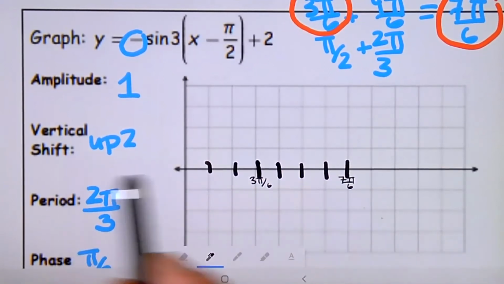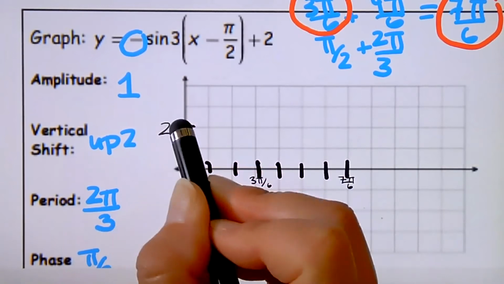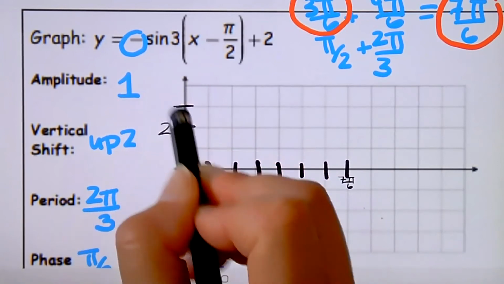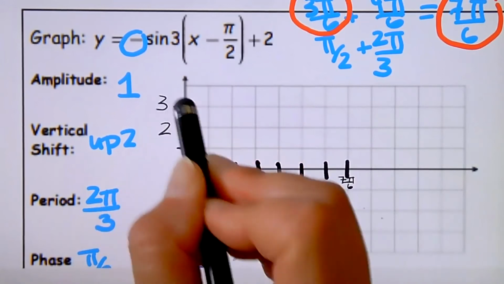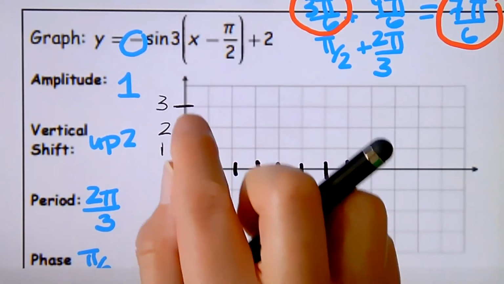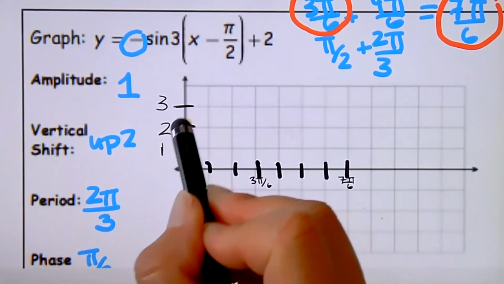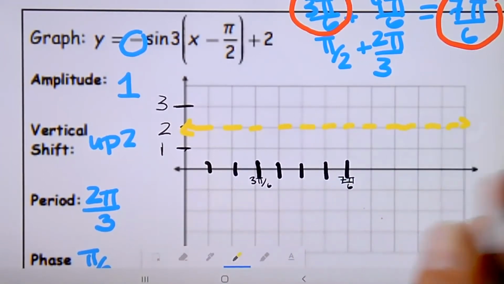Now, this had a shift of being up 2, so I'm going to be starting up at 2. My amplitude was 1, so I'm going to be going up and down 1. So I'm basically going to be between 1 and 3. And we get my vertical shift in. That's my vertical shift.